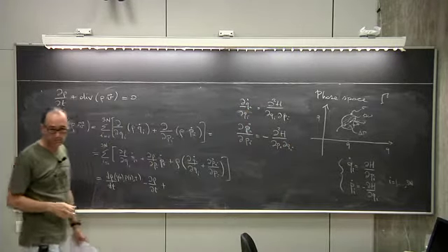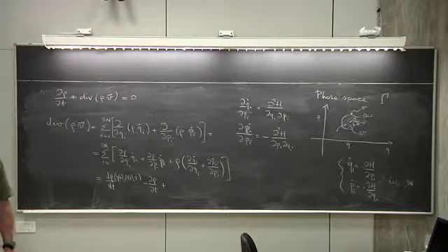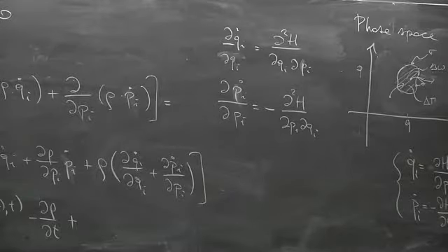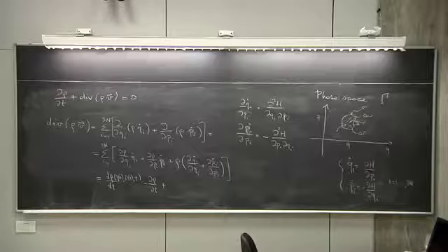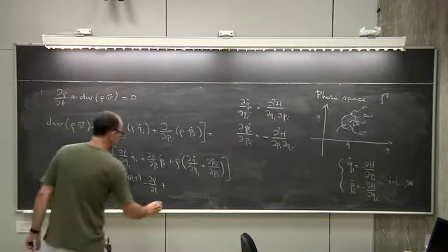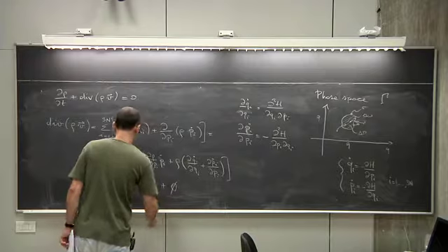If the Hamiltonian is an analytic function of the coordinates, these two derivatives are the same, so this term is exactly equal to 0.